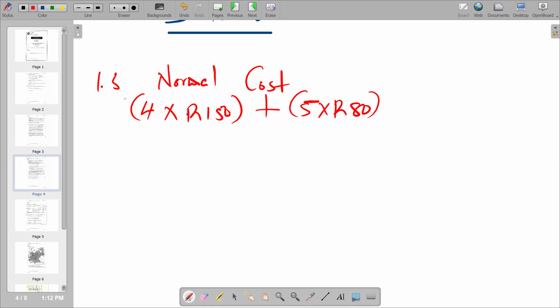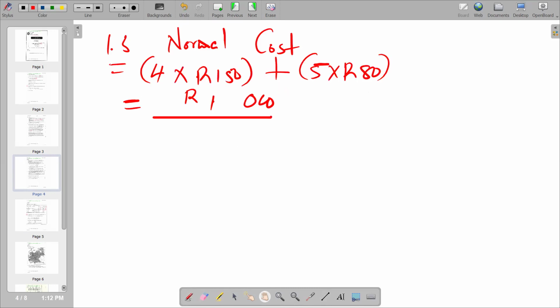We calculate that further, and your answer is 1,000 rand. So this is the normal cost. Then we also have the early bird costs that we want to make a comparison with. So what is going to be our early bird costs?